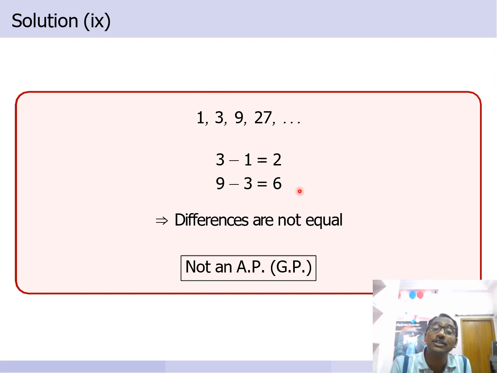By seeing the first two differences, you can conclude this is not an AP. But it will be a GP. Why? A2 by A1, A3 by A2, A4 by A3, you are getting 3. Common ratio you are getting is 3. That's why it is a geometric progression. It is not an arithmetic progression.